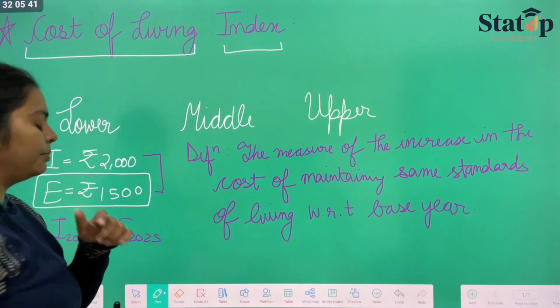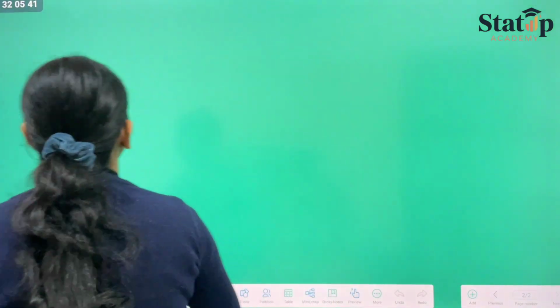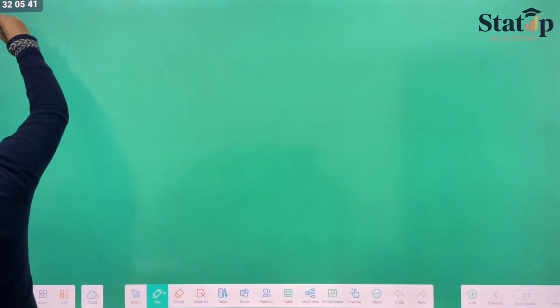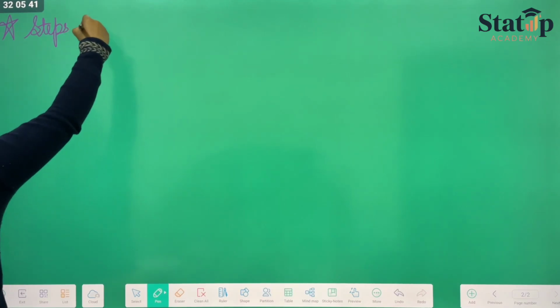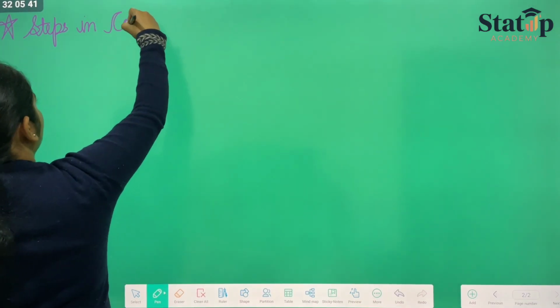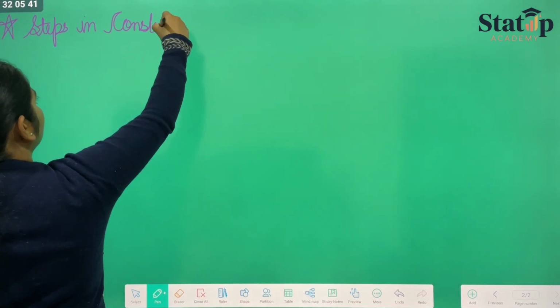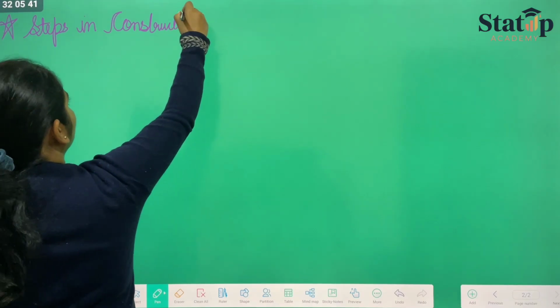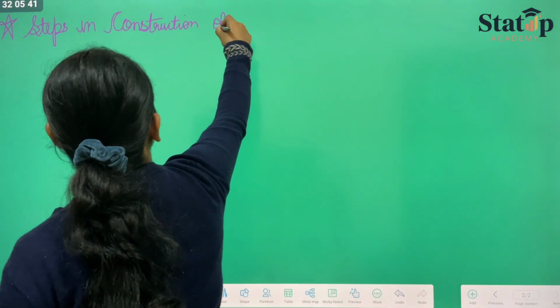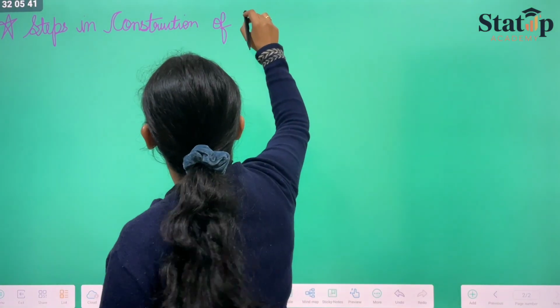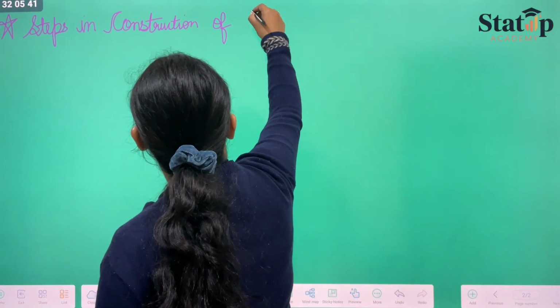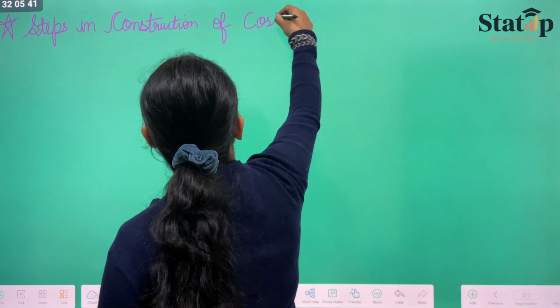Now, the steps in construction of cost of living index.